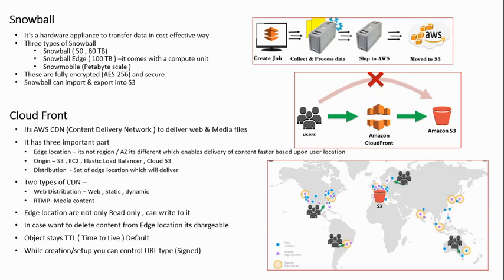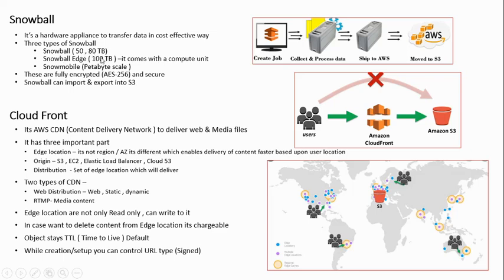It's been proven that for petabyte scale data, if you try to use normal internet speed or even a higher speed of internet, the time it takes is longer than using Snowball. So there are 3 types of Snowball. The normal Snowball has two capacity types, 50 and 80 TB.